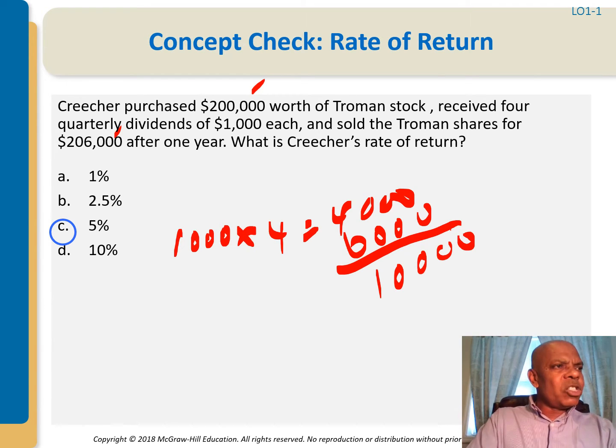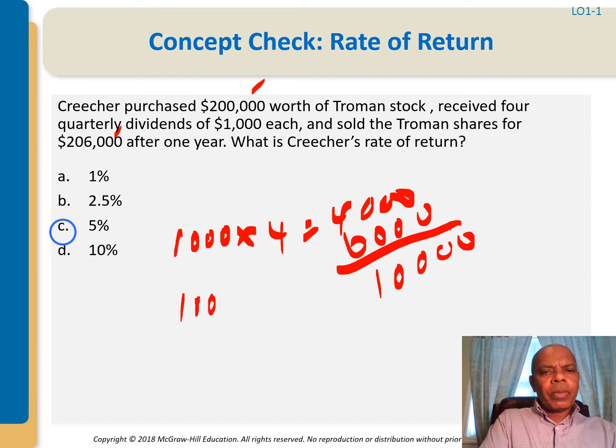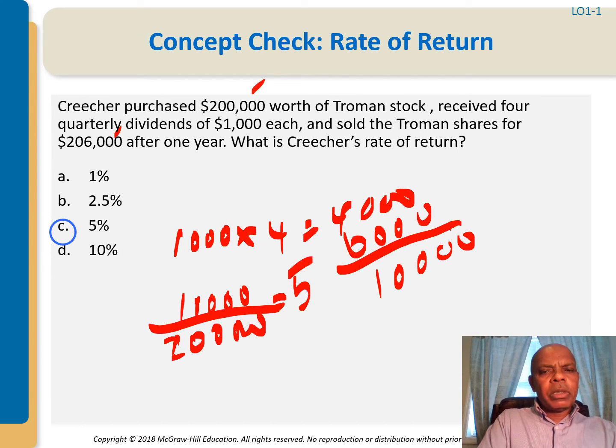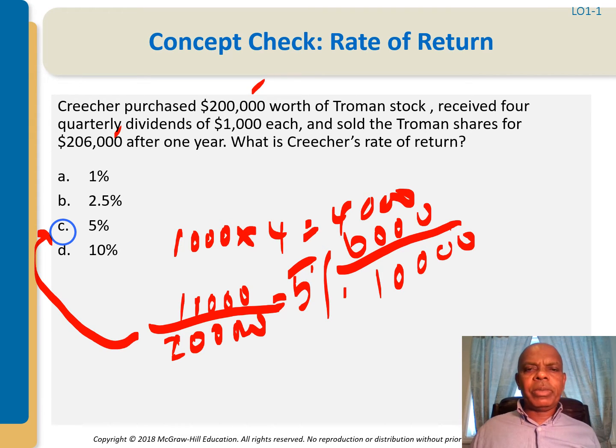So if that's the case, you take $10,000 divided by $200,000, which gives you a 5% return, right? Number C is the correct answer, 5% return. That's how you compute the rate of return.